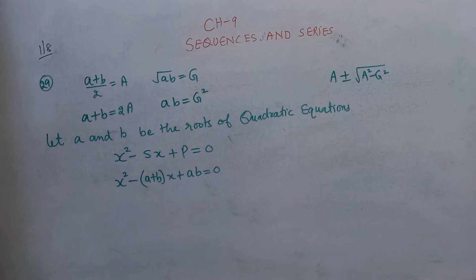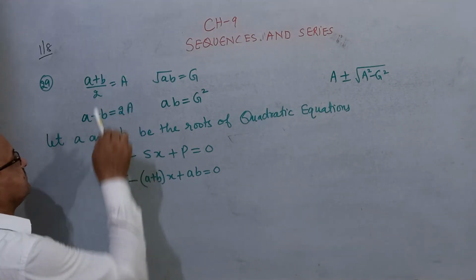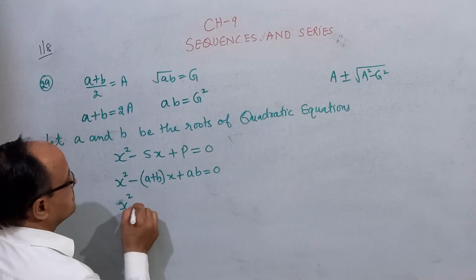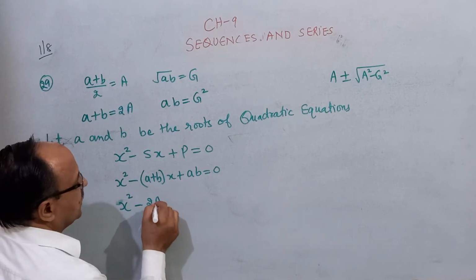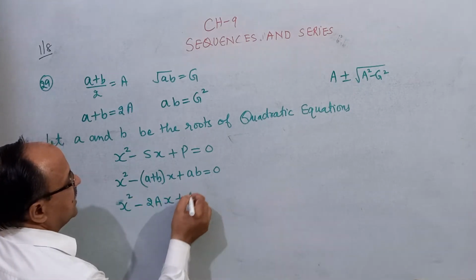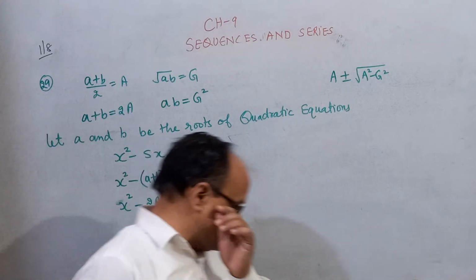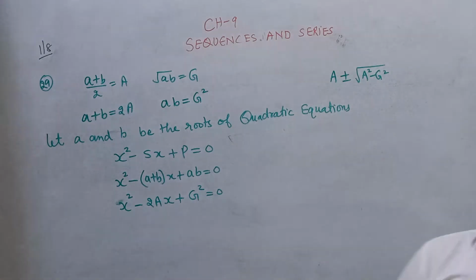And what is the value of a plus b according to the question? That is x square minus 2Ax plus, and the value of ab is G square. Now it becomes a quadratic equation.